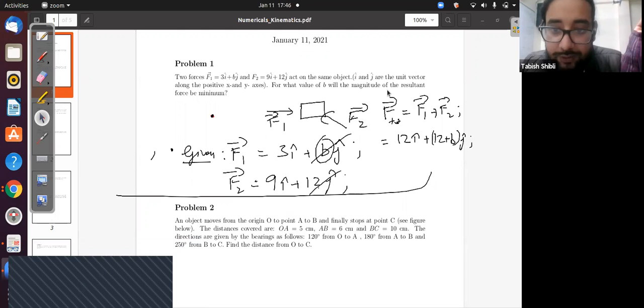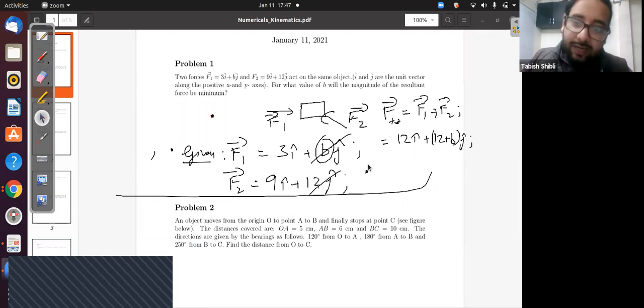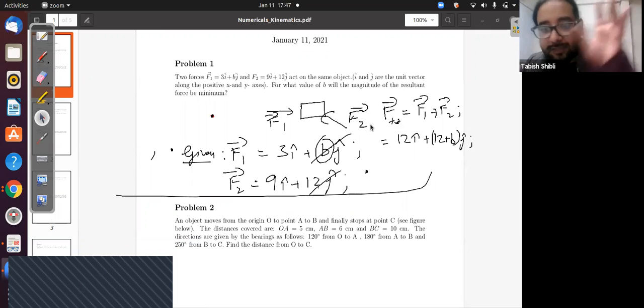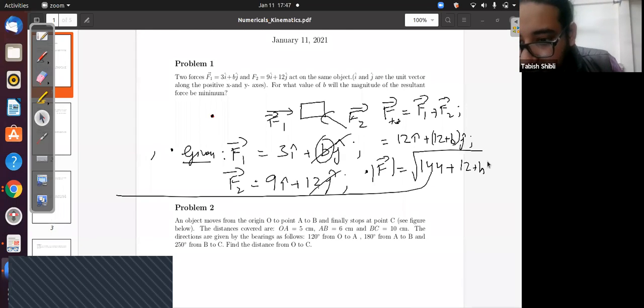Now one needs to calculate the magnitude of this resultant force. The magnitude of any vector is the square root of the x component square plus the y component square. So the magnitude of this is the square root of 144, which is 12 square, plus (12 plus b) whole square.